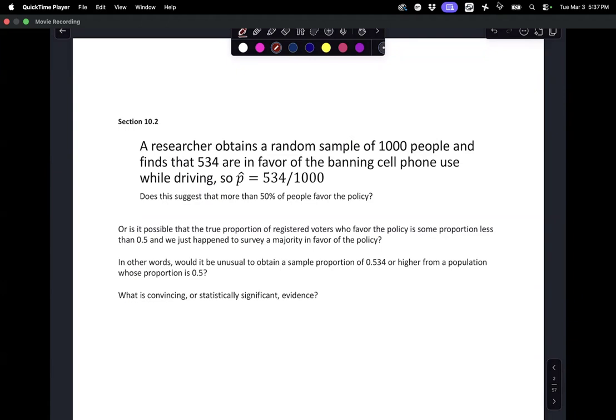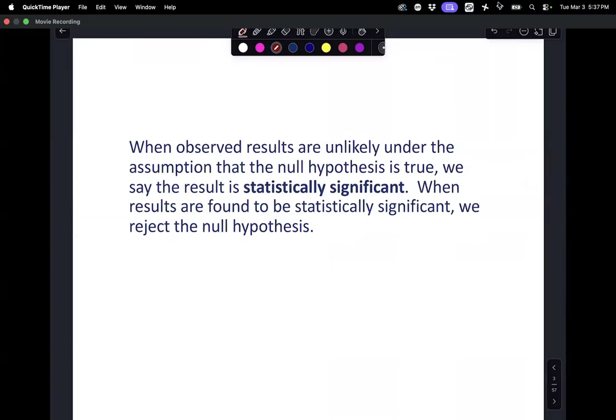If we are using an alpha, which is 100% minus our confidence level, smaller than 5%, then that's the number we're going to be looking at. You'll see as we get going. All right. So we say something is statistically significant if our null hypothesis is not likely to be true based on getting that sample.